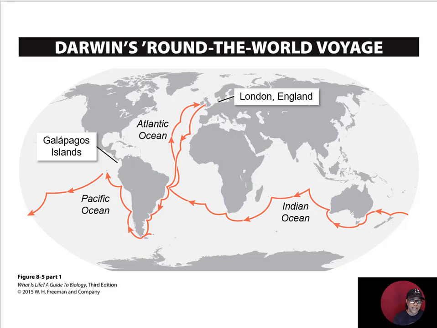If you want to read a biography, or even just go to the Wikipedia page on Darwin, it's really interesting because he actually was the son of a doctor, and his father wanted him to become a doctor as well. And back then, surgery wasn't the greatest experience because there weren't a lot of anesthetics that were invented yet. And so it was rather gruesome.